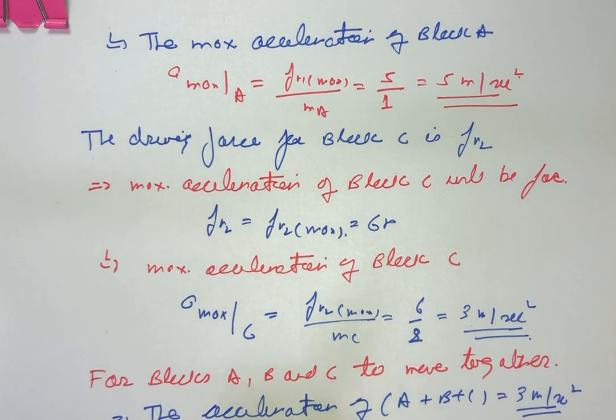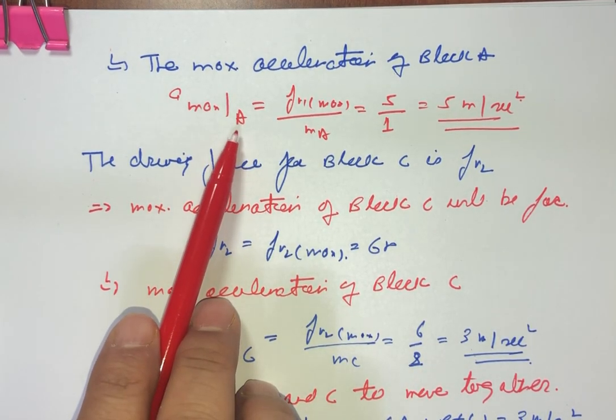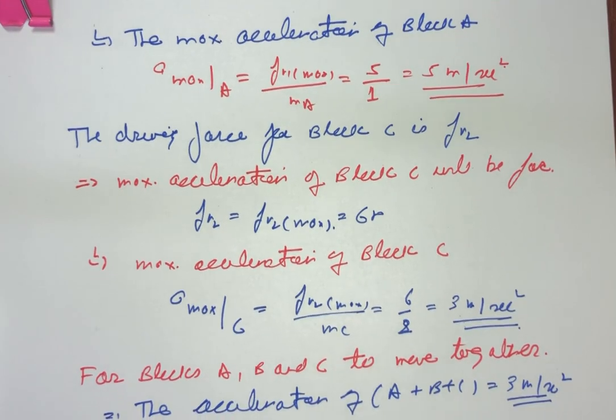Because C can only go up to a maximum of 3, and this 3 comes within the range of acceleration of A. So A can at least travel with C at 3 meter per second square, but C can only travel with a maximum of 3.